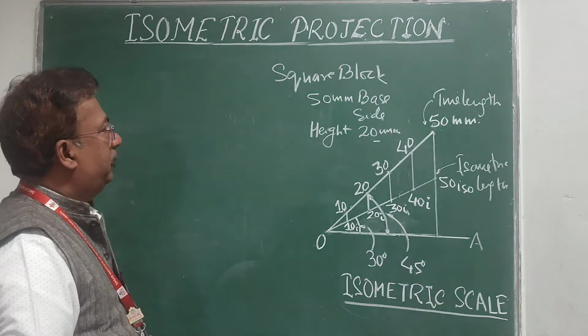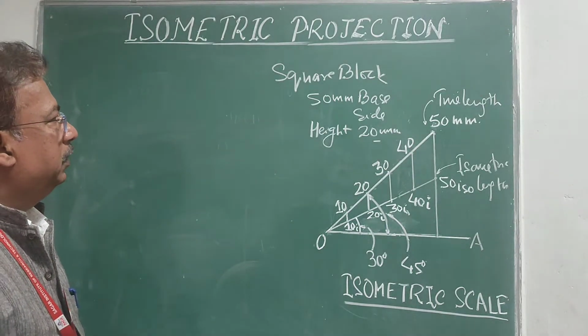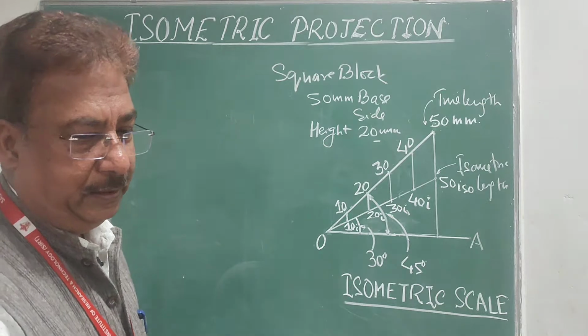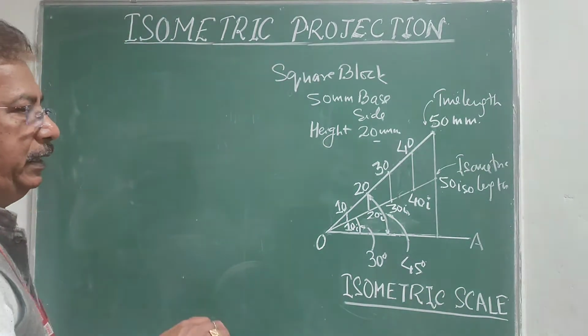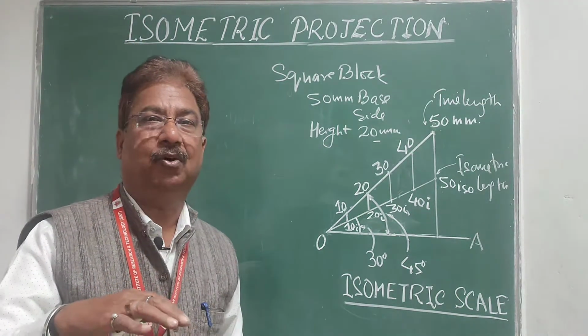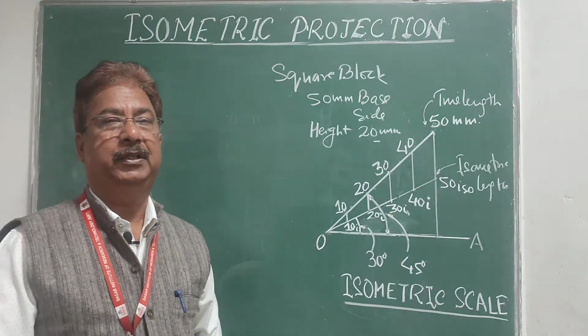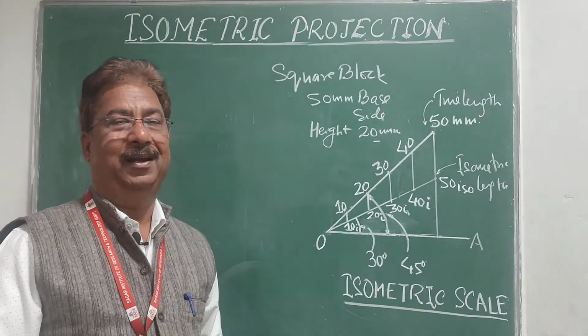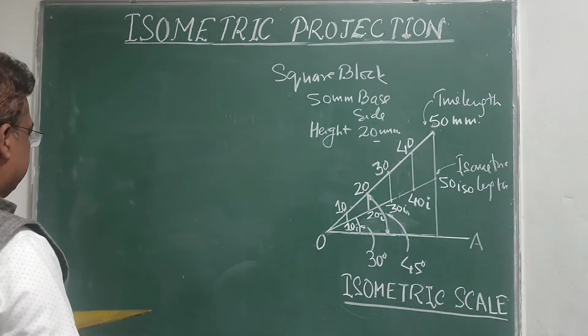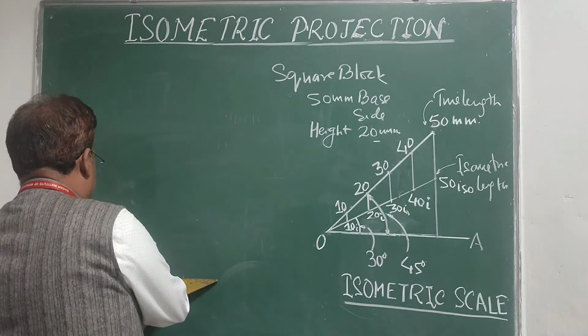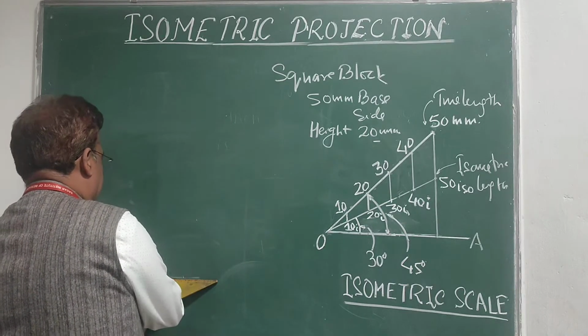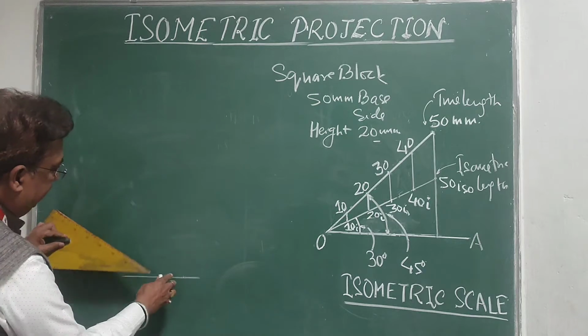Now my problem is, I want to draw a square block of 50 mm side that will be kept on one of its bases on the HP with vertical face parallel to VP. In the starting, as we know, we will start with 30° inclined lines.